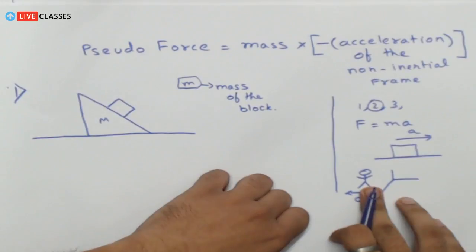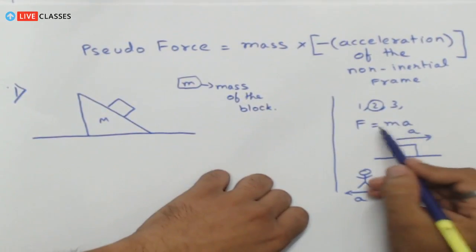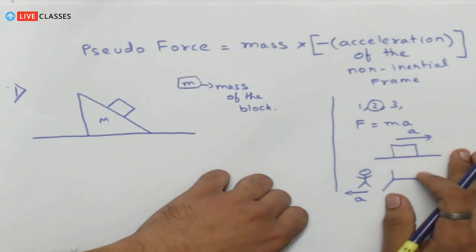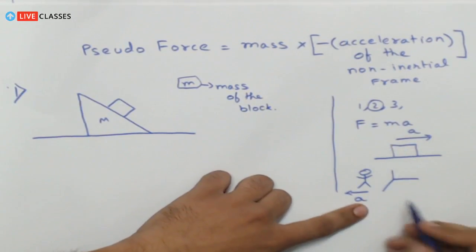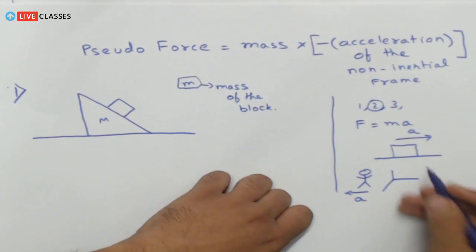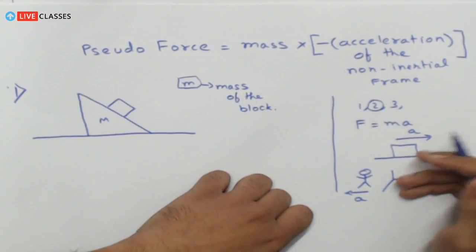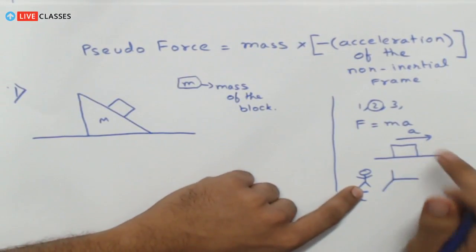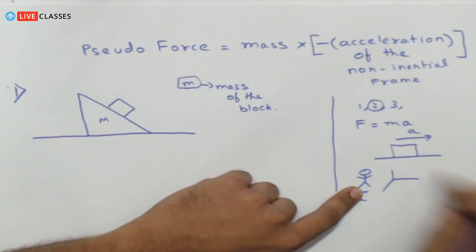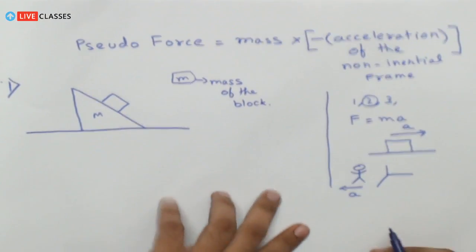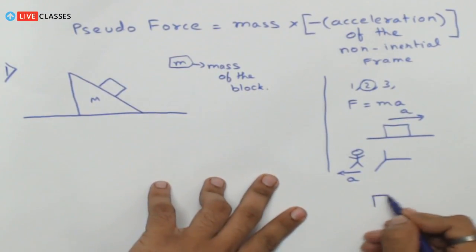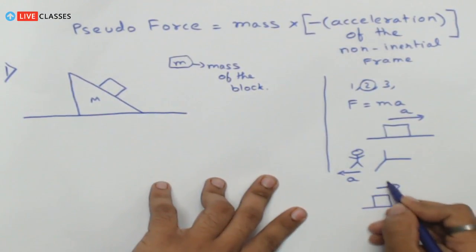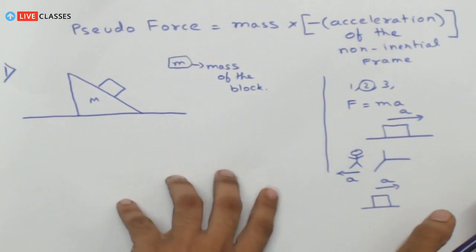If this man wants to apply the second law of motion in this complete system, to validate the law, as you can see, the law is not applicable right now. If the man draws the FBD of this block, he will see that the block is just moving with an acceleration of a, as no force is acting on it.